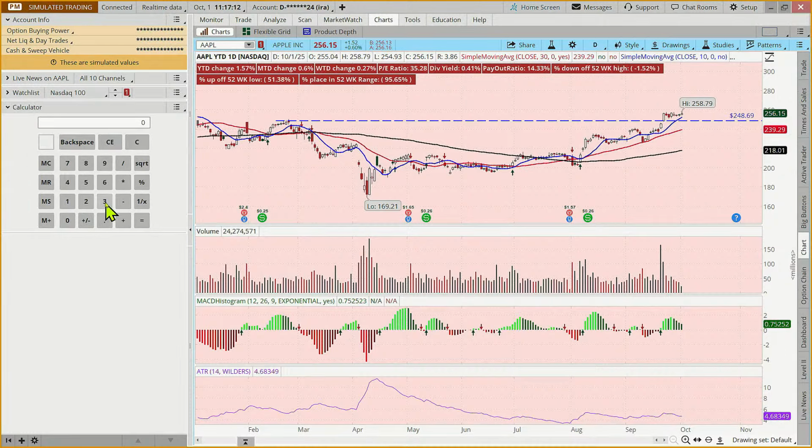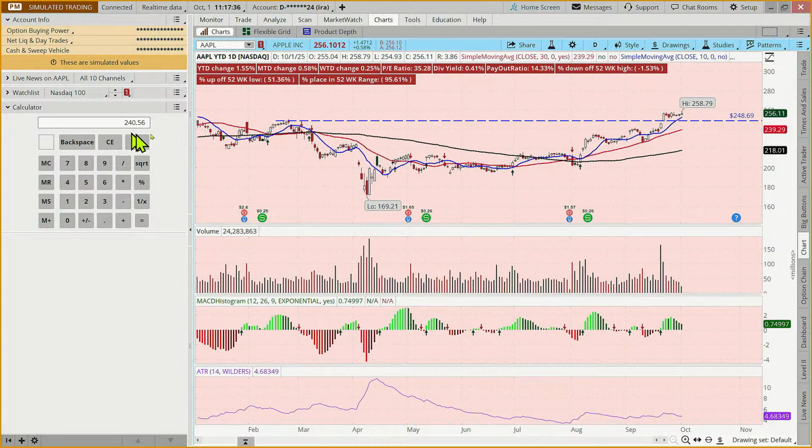And if I say, okay, I see this 248, let's call it 248 as a support level, and so I'm going to multiply that by 0.97 to say, hey, if it goes more than 3% below this 248-ish level, it's not going in the direction we're expecting. And so what we would like to do is sell our shares.